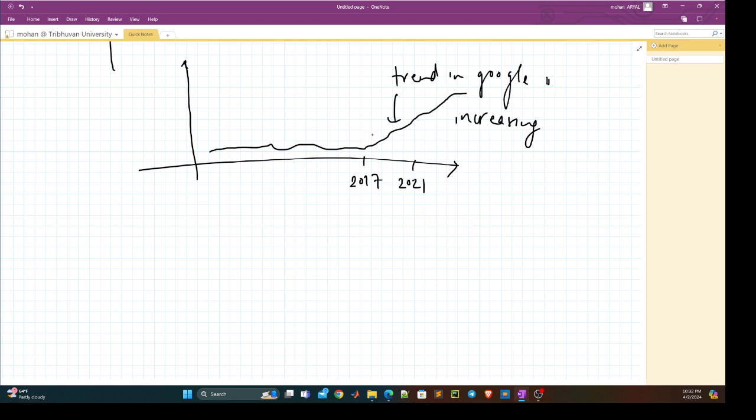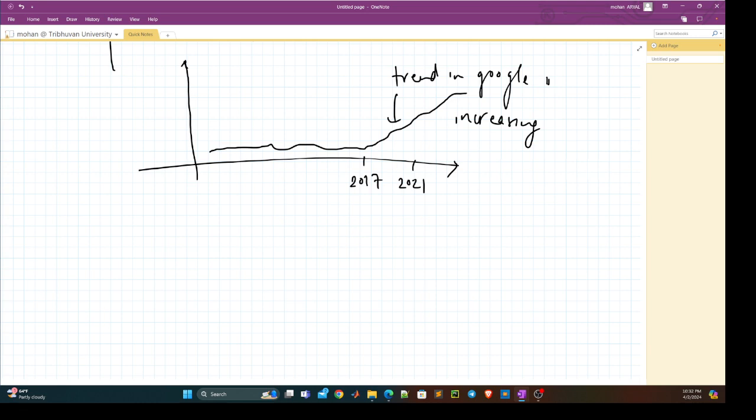Trend is increasing, hence the people are more attracted to this field nowadays, and you can see it.